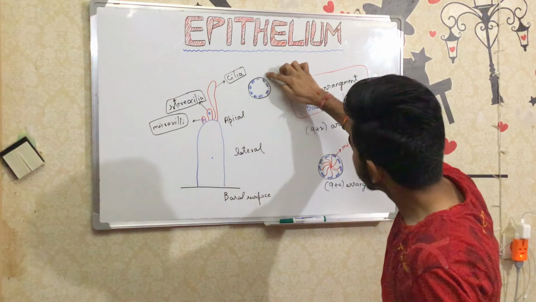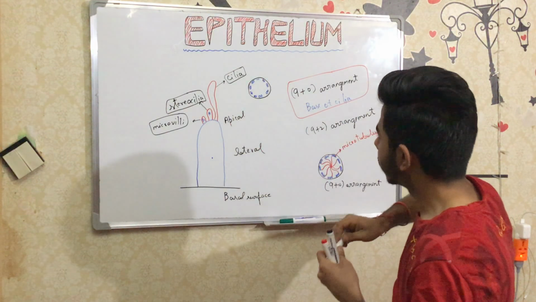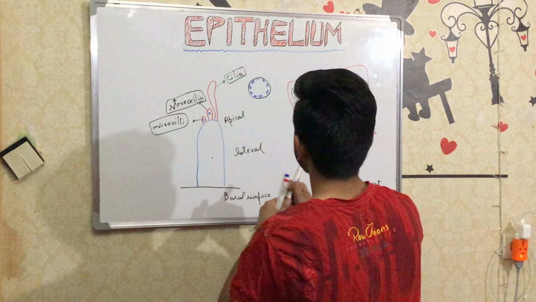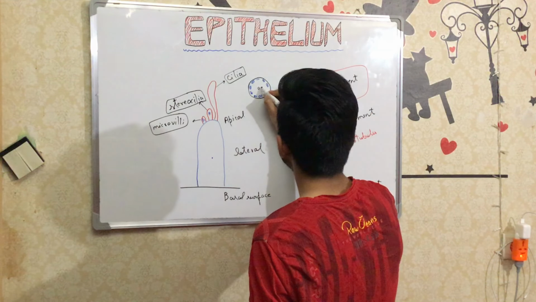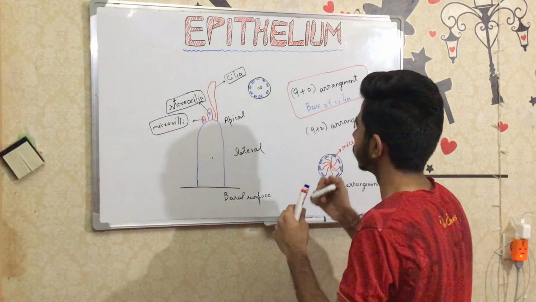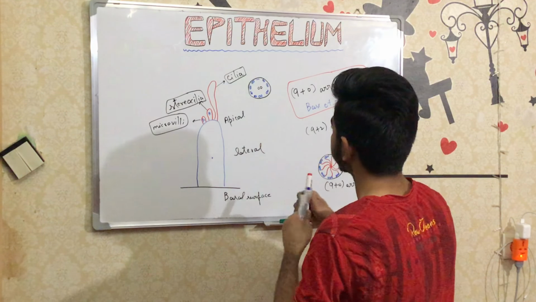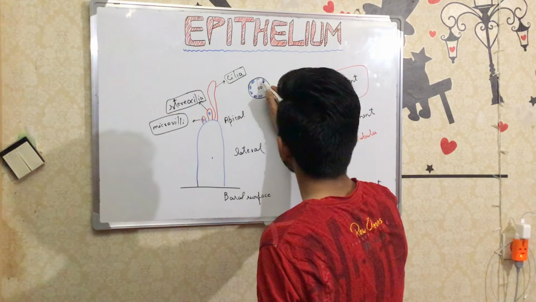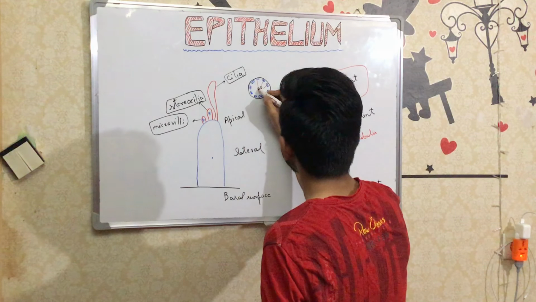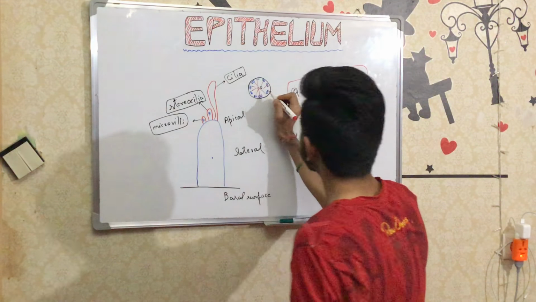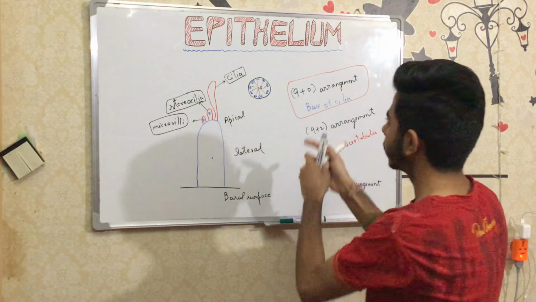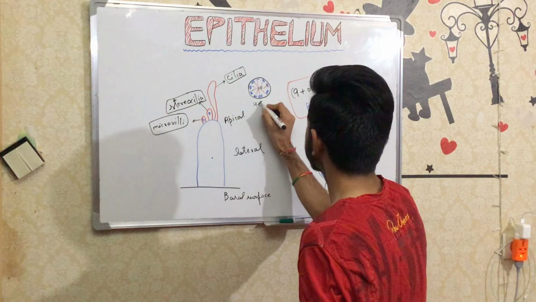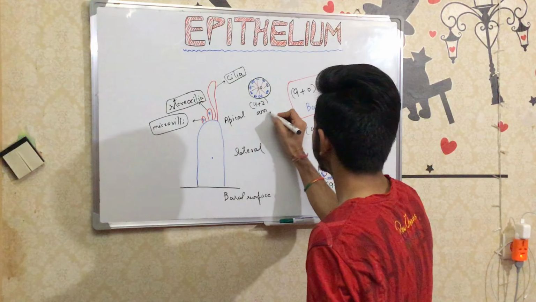So these are the 9 doublets over here, and they are connected with these two central microtubules. They are also arranged with these radial fibers over here. So this is the 9 plus 2 arrangement.